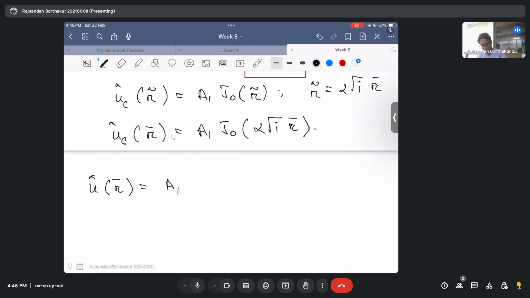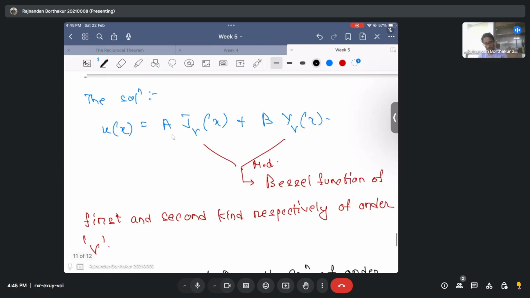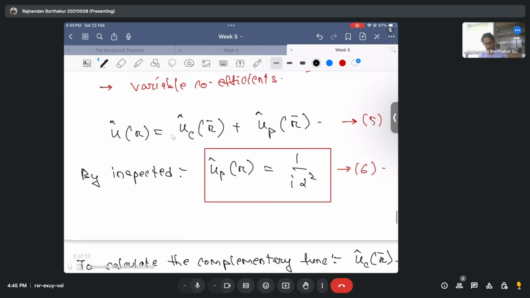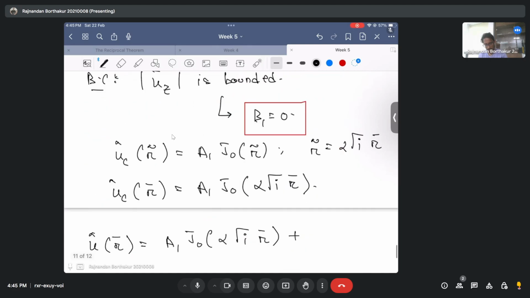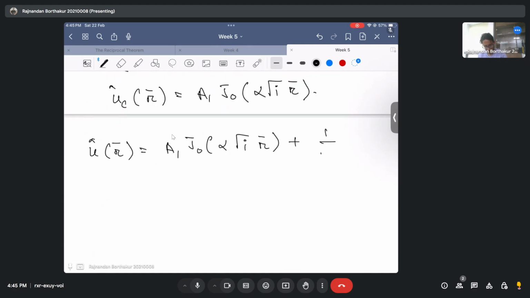It just becomes A1 times J0 of alpha root I r bar plus the particular integral. Remember, the particular integral we already evaluated. This is given by equation 6, which is 1 by I alpha squared.